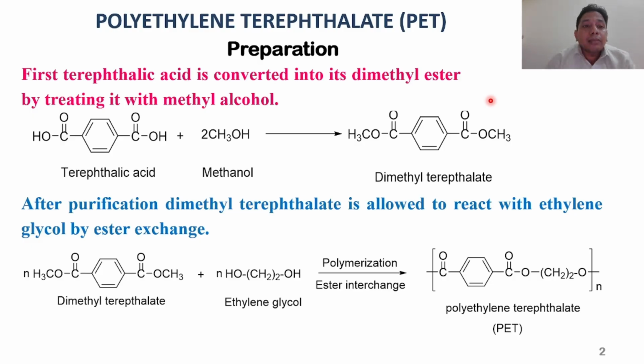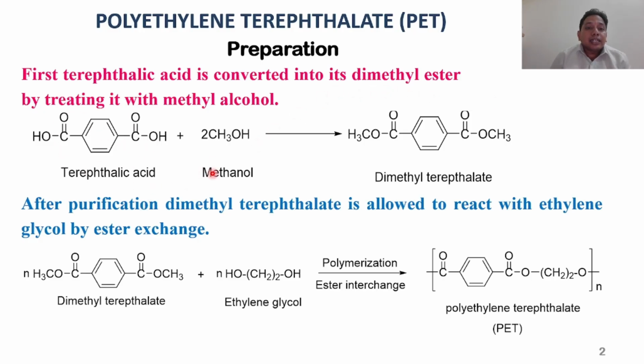When pure terephthalic acid is allowed to react with ethylene glycol, it will undergo condensation polymerization by eliminating the small water molecule. And in the other way, first the terephthalic acid is converted into its dimethyl ester by treating it with methyl alcohol. You can see this reaction.